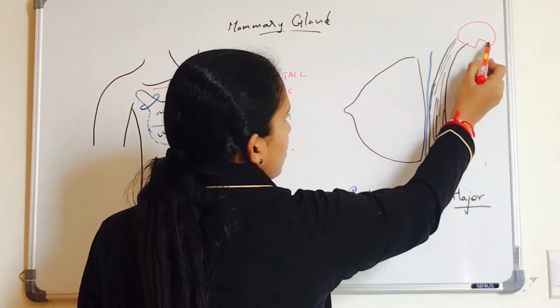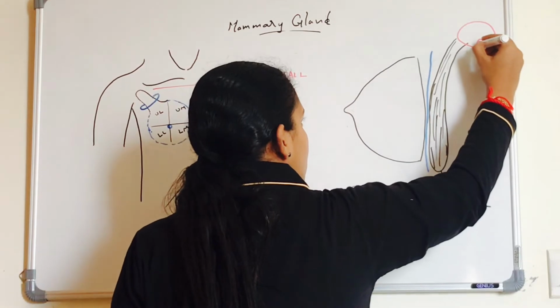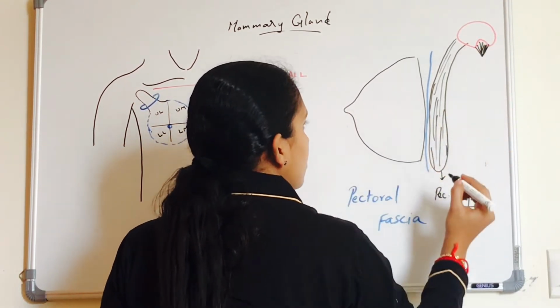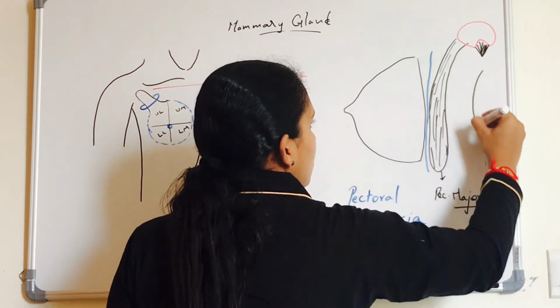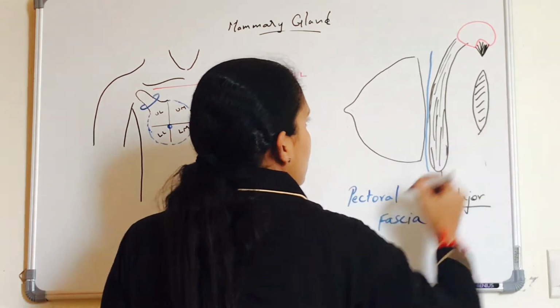So that is the anterior surface of clavicle. You can see the inferior surface has a groove which gives attachment to a small muscle called subclavius. The muscle just beneath the pectoralis major is pectoralis minor.